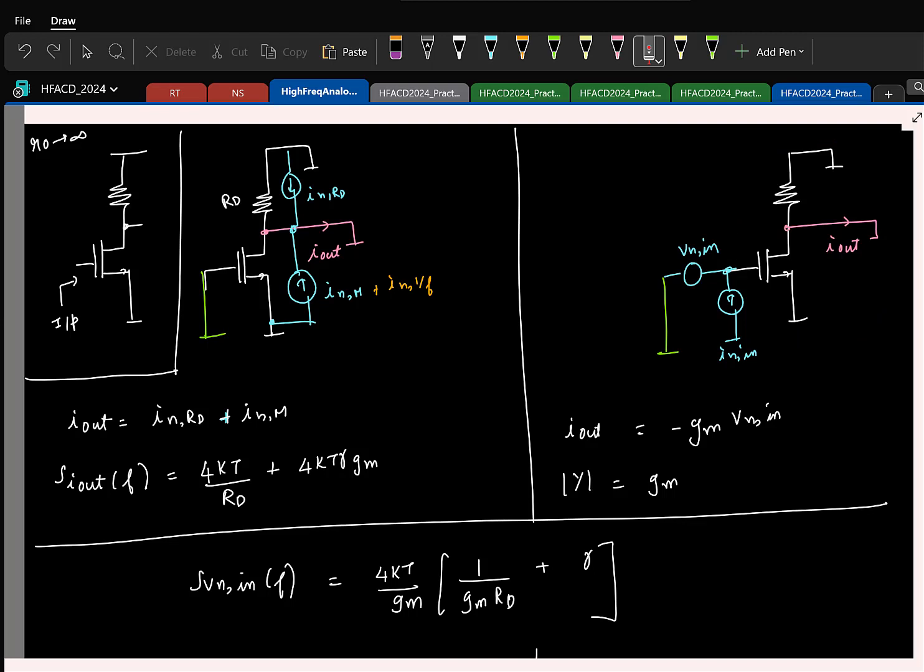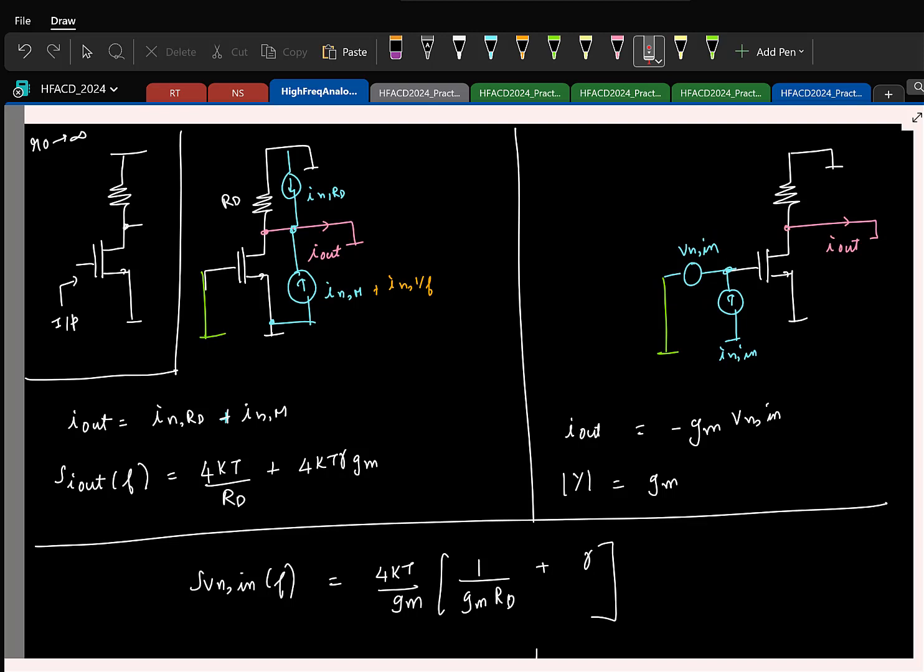We are supposed to find the input referred noise voltage. Those will capture the noises generated in the actual network. So the idea is simple. You take your network, you find what noise you get. In your model, you find what noise you get. Both of them have to be equal, and that's how we are finding this.